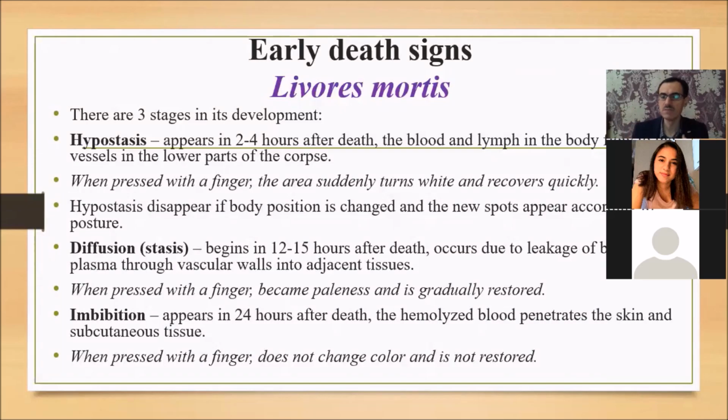And the final stage is imbibition: the hemolyzed blood penetrates from the skin to the subcutaneous tissue, and the spots do not change. When we change the position of the cadaver, they will not change, and new spots do not develop.